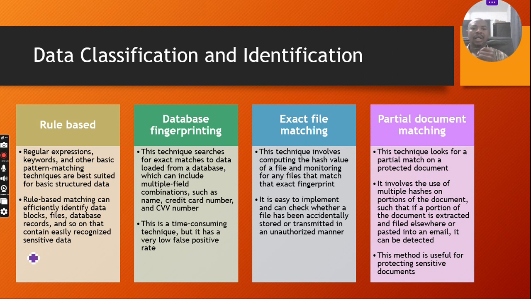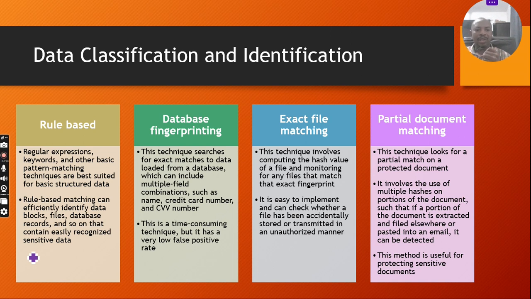Now, still on data classification and identification, you can classify and identify data based on these four principles. The first one is the rule-based principle, which usually takes a look at regular expressions. There are some keywords that take you to the heart of the data or bring the data out for you.